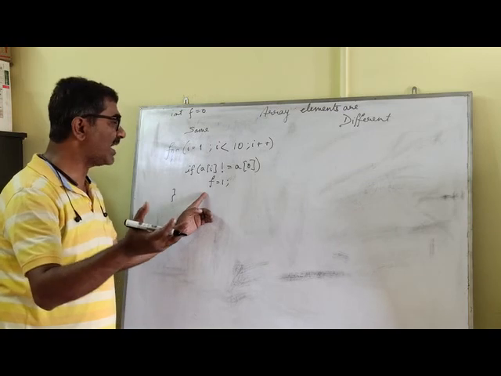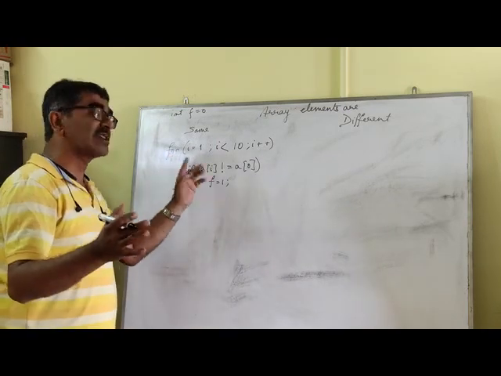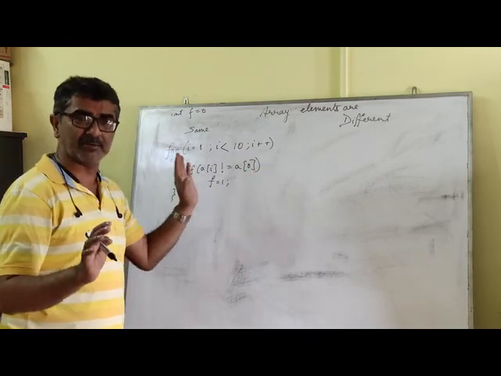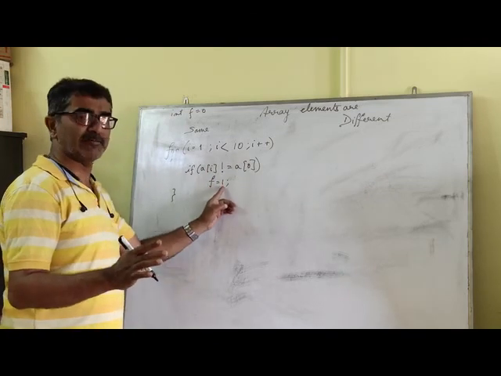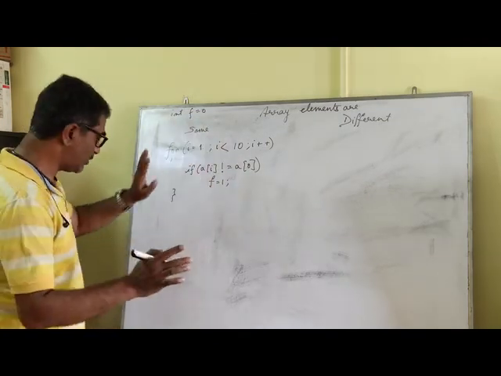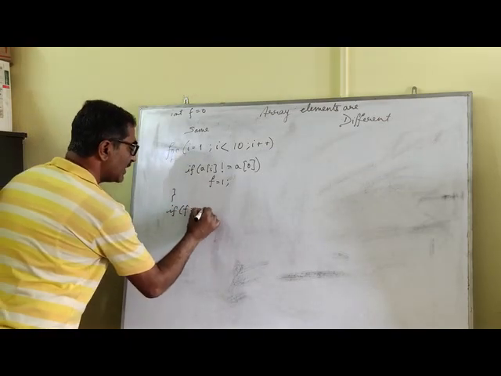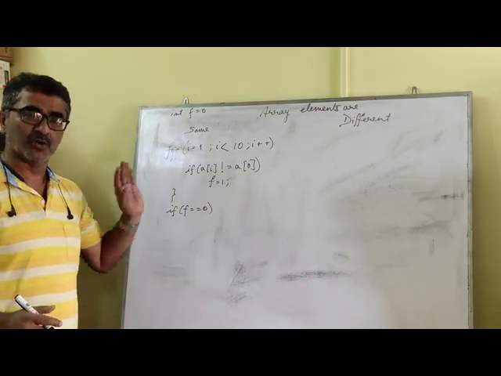At the end of the code, we can write: if f is 0, display the message all the numbers are same, otherwise all the numbers are not same.